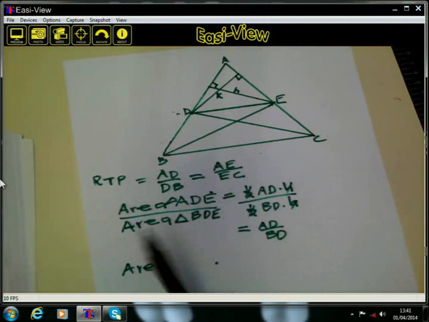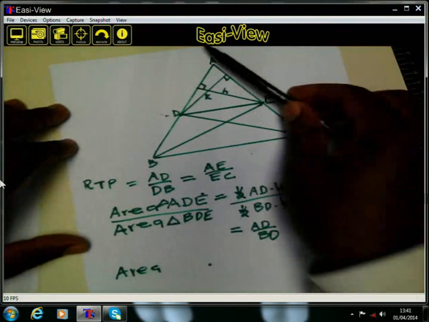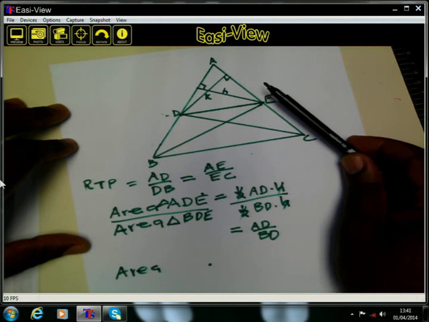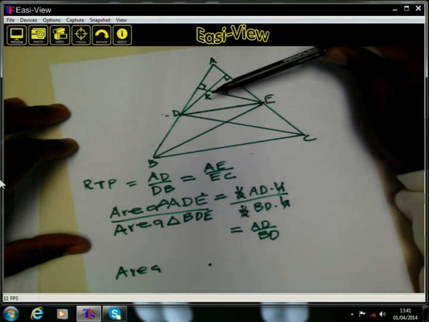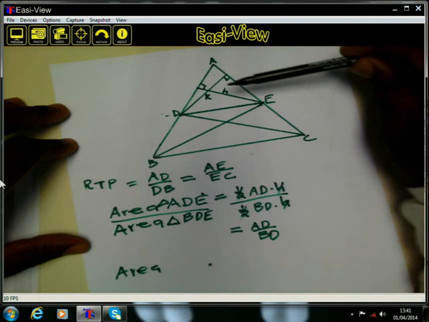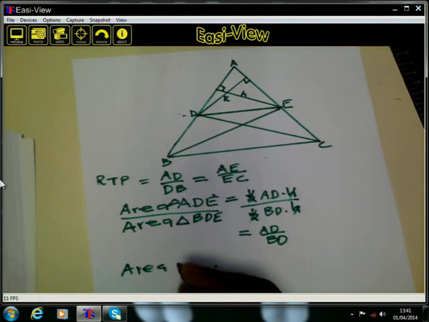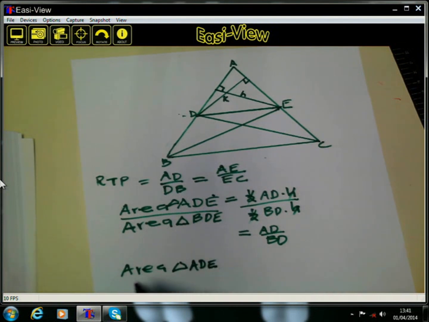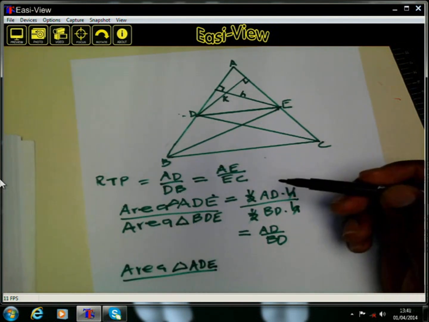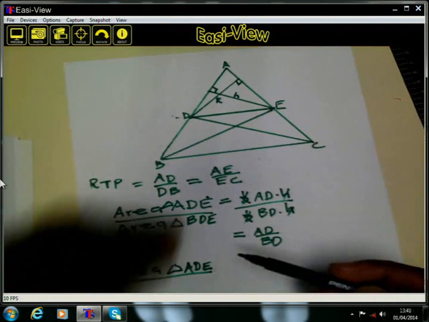So we can use this side as a base and we can use that side as a base. But this time, the height in question will be K, not H. So we're still looking at the same triangle, triangle ADE over, we are no more using this one now.